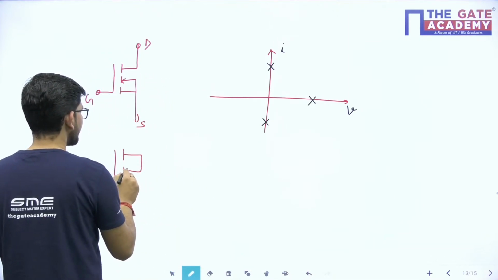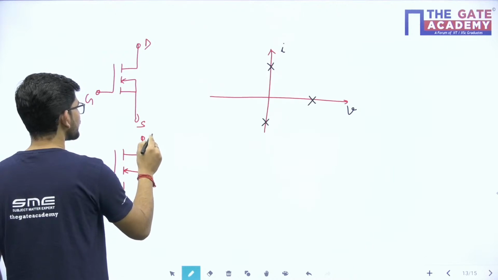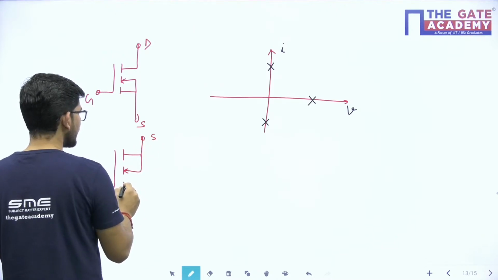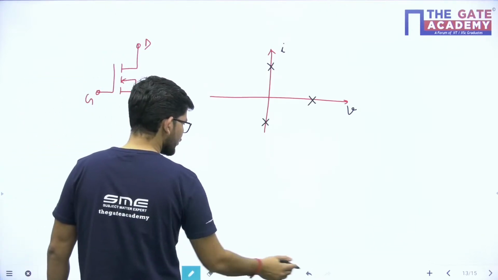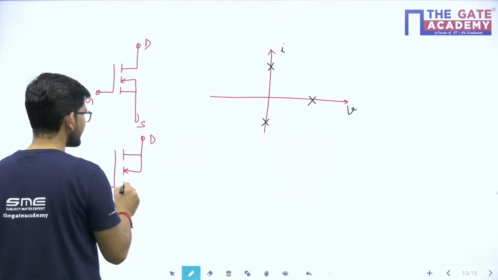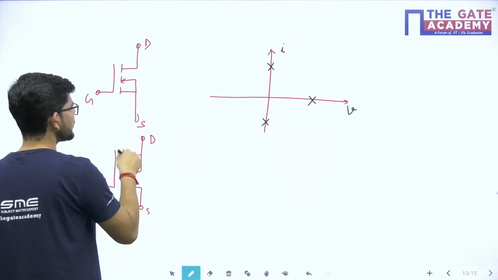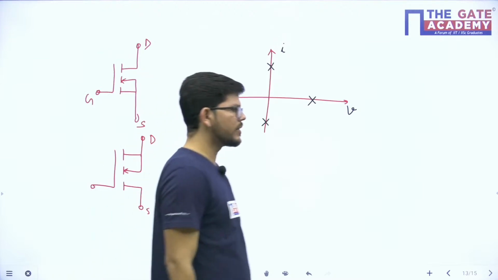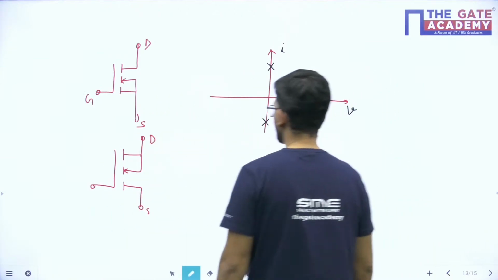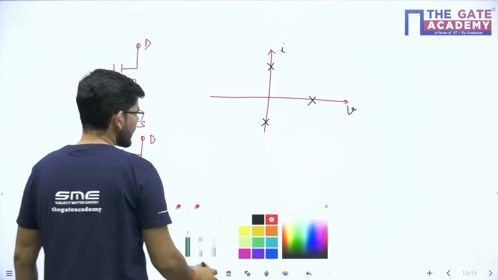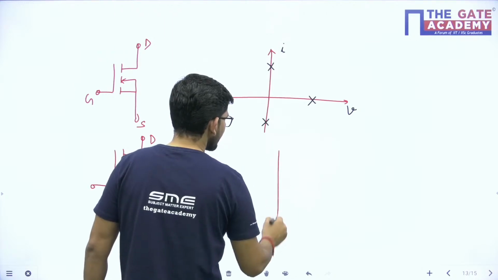If I just reverse the drain and source connection, so this is drain and this is source, the connections are reversed. What will be the characteristic in this case?